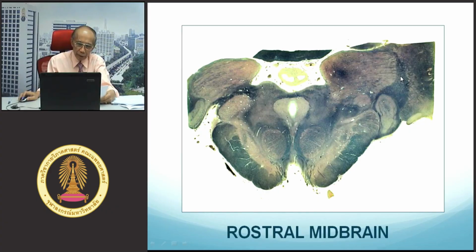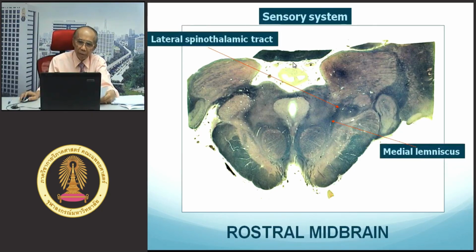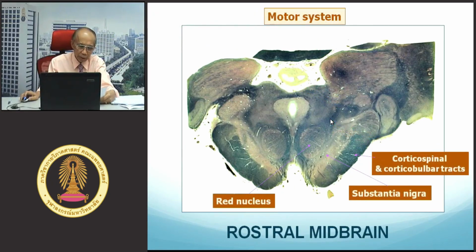Now, at the level of the dorsal midbrain, the sensory system includes the lateral spinothalamic tract and the medial lemniscus. Number 2, the motor system will include here the red nucleus, substantia nigra, the corticospinal and corticobulbar tracts.